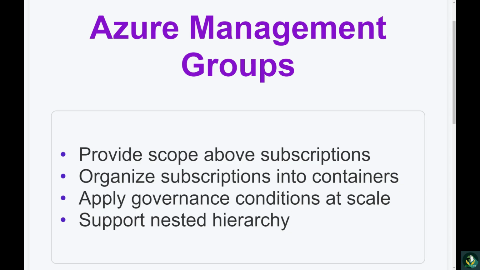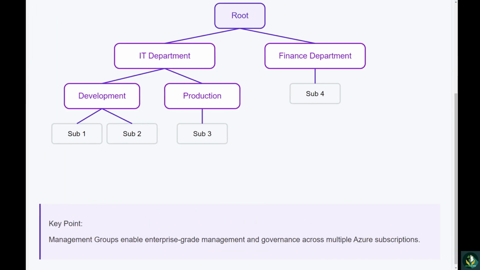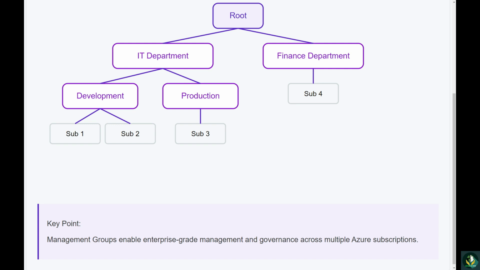Inheritance. Governance conditions applied to a management group are automatically inherited by all subscriptions within that group. This inheritance model is consistent with how resource groups inherit from subscriptions, and resources inherit from resource groups. Policy and access control. Management groups allow you to apply policies and access control across multiple subscriptions.